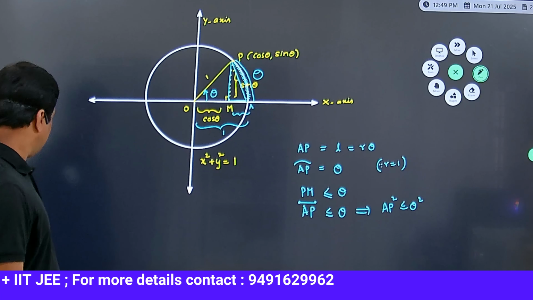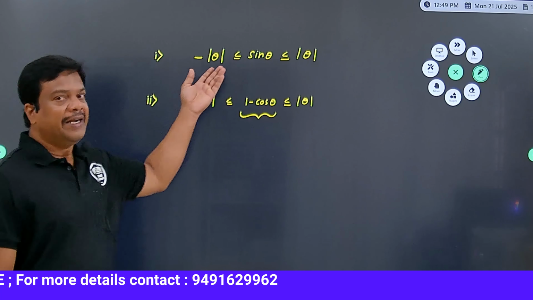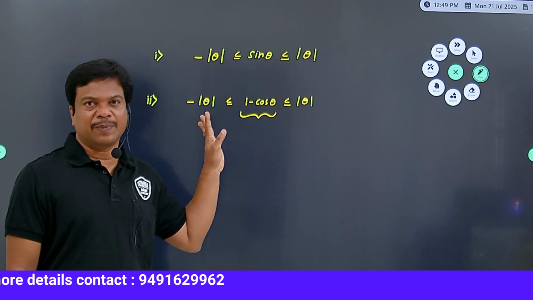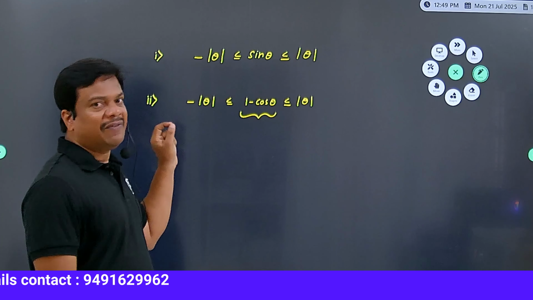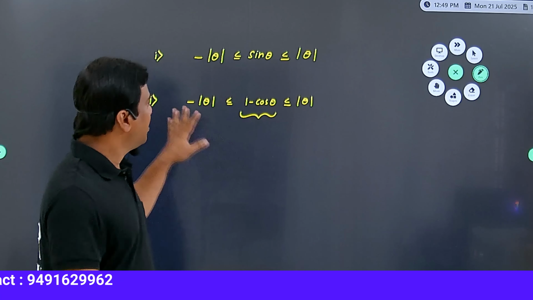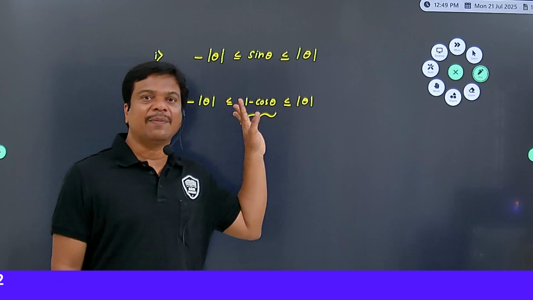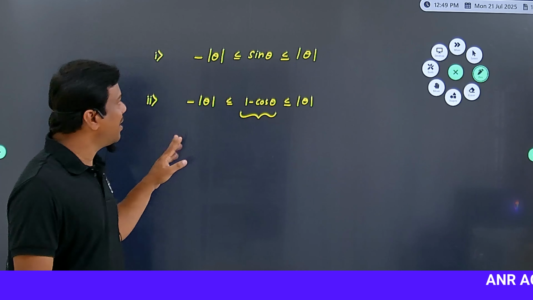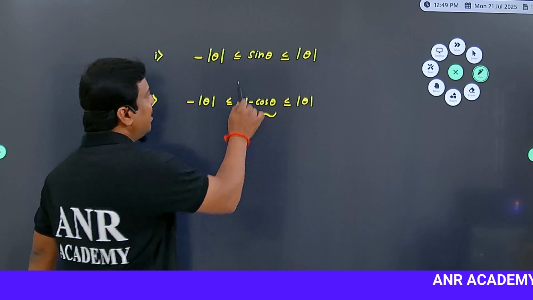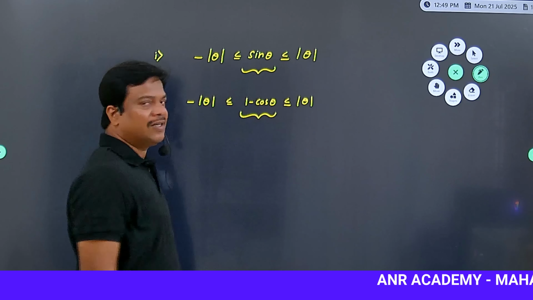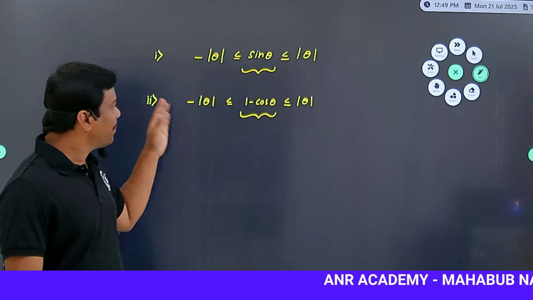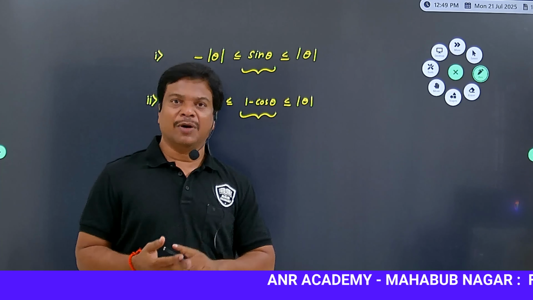We know just that sin theta and cos theta lie between minus 1 to plus 1. And in solving calculus problems, they are very helpful for those appearing in the JEE Mains examination. So remember that sin theta and 1 minus cos theta both lie between minus modulus theta and modulus theta.